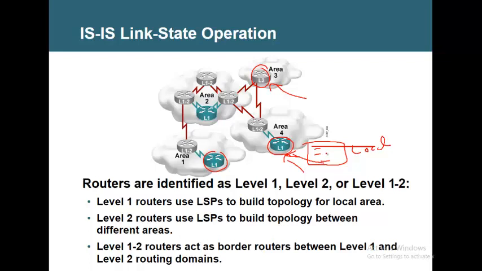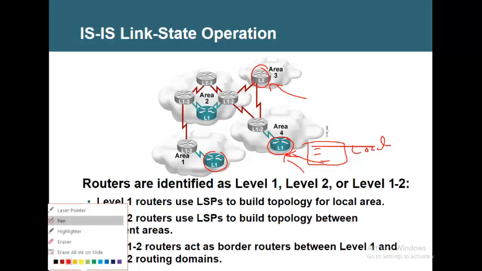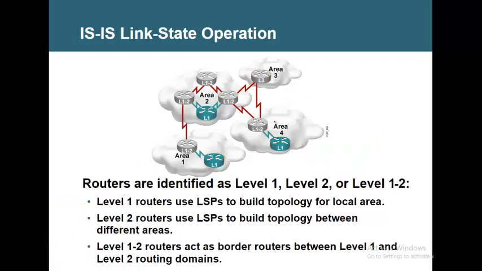You understand? Now you may ask a question, then how can I ping other area networks? That is why I love ISIS. You know what? Even though you don't have stub configured, this is a stub area. Meaning you will have a default route pointing towards the closest L2 router, automatically.